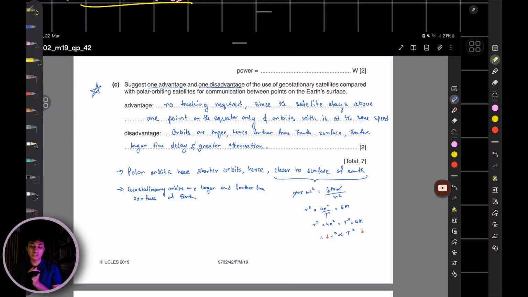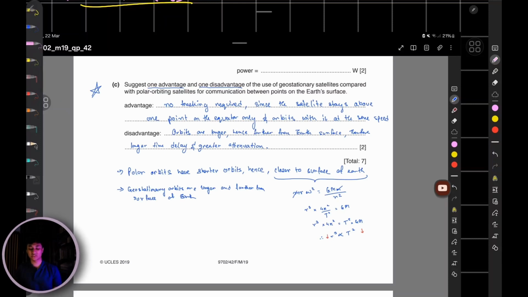So you don't need to do any bit of tracking. The disadvantage though is the orbit is longer, hence further from the Earth's surface, because the orbit is 24 hours, right? So the separation is much bigger. Therefore, there is a larger delay or greater attenuation.